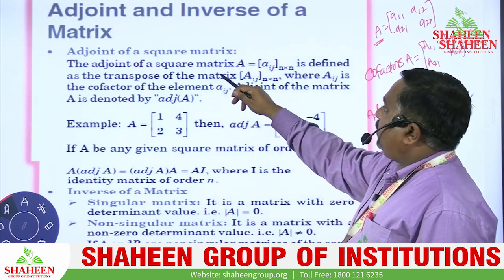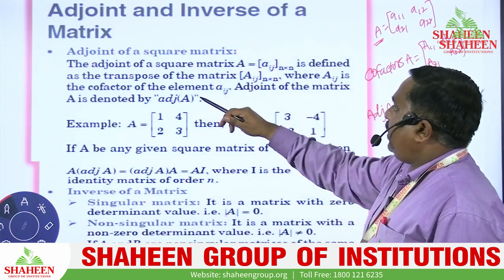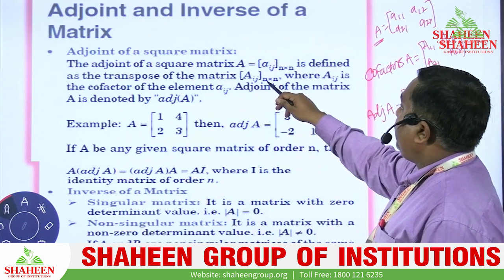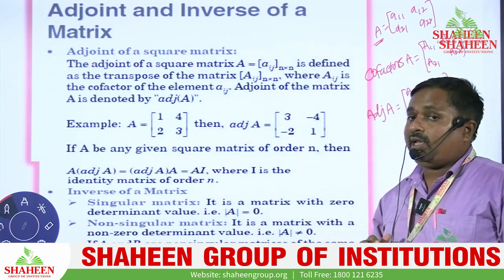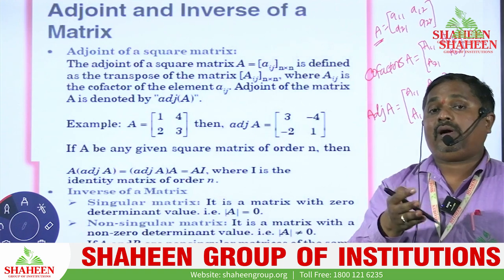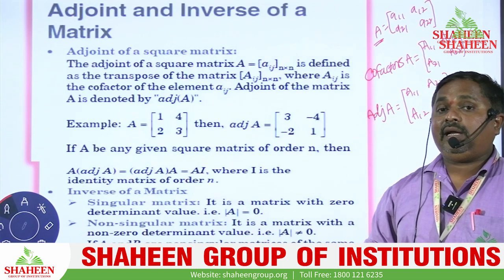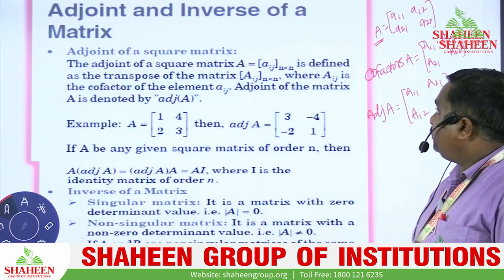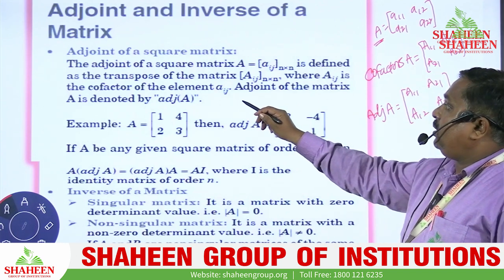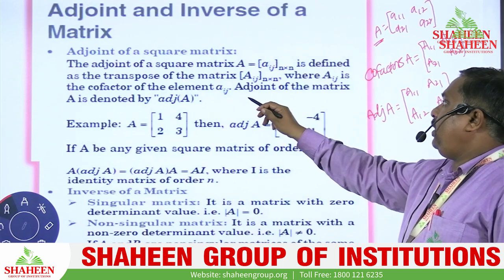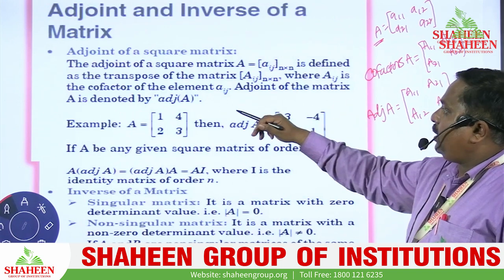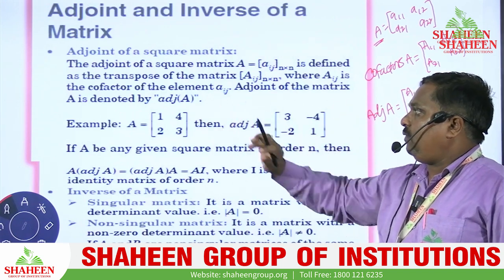The adjoint of the square matrix A is defined as the transpose of the matrix capital Aij. What is capital Aij? It indicates the cofactor matrix, where Aij is the cofactor of the element small aij. The adjoint of the matrix is denoted by adj A.